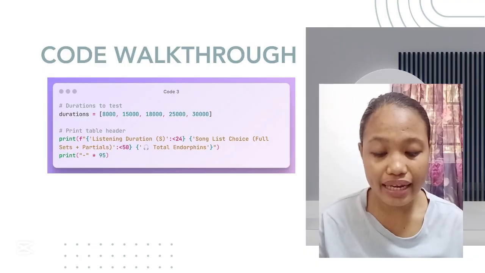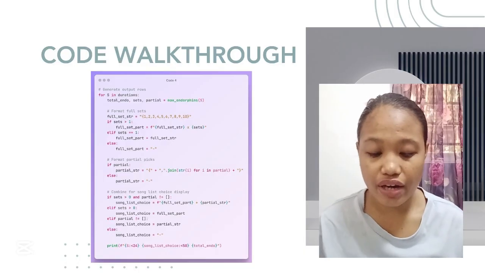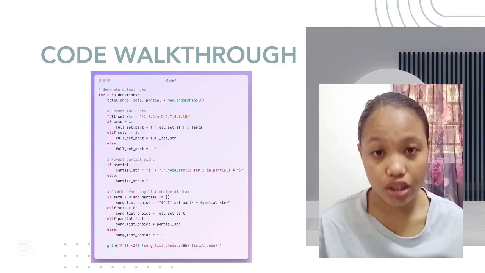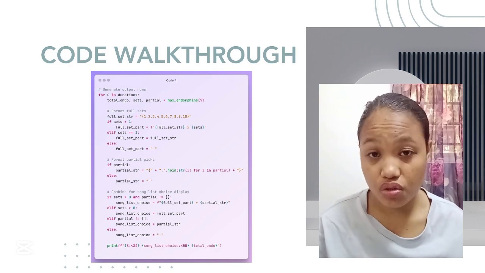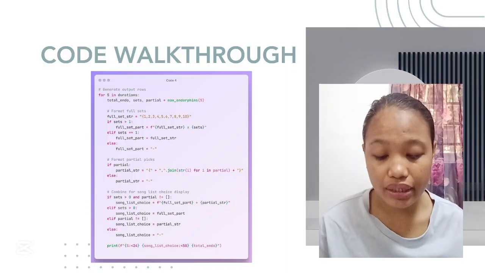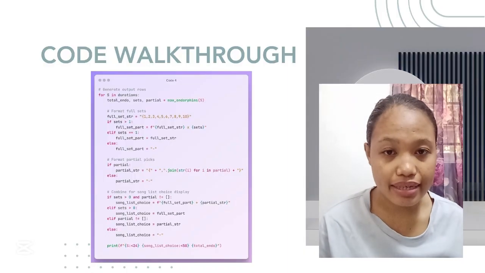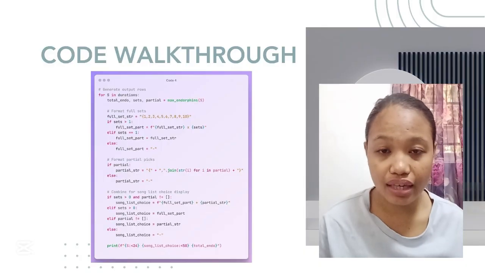For the execution flow, we have the initialization. It defines the song list with their lengths and endorphin values, and it also sets the listening durations to test. Second is the dynamic programming calculation. It calculates the maximum possible endorphins for each duration using the max_endorphins function.